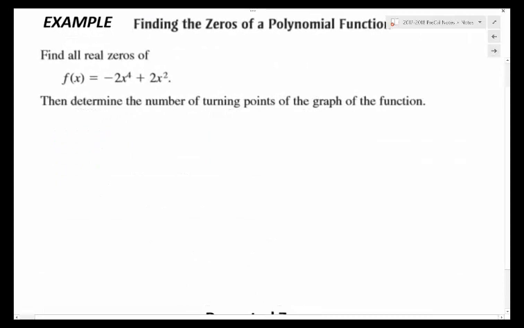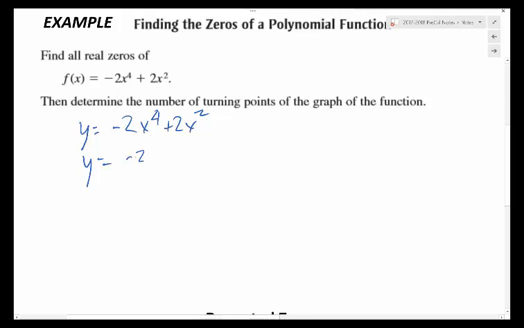So, finding the real zeros. Determine the number of turning points in the graph of the function. When I take negative 2x to the fourth plus 2x squared, I can factor it. We'll just factor out a positive 2 for now.